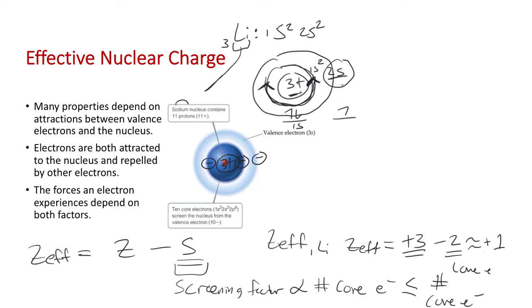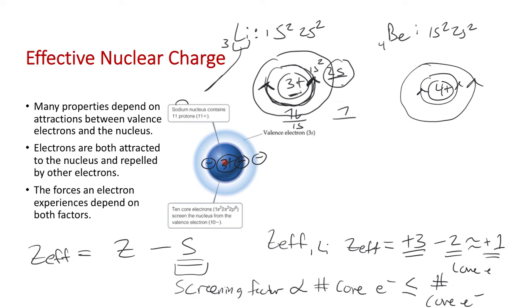Okay, and so let's think about how this charge compares to beryllium, being the fourth element, so being a 1s2, 2s2, of course. And so we have a 4 plus nuclear charge. Now I've drawn these kind of similarly sized, but if we start to think about what charge makes it out to these negative electrons here, it's probably going to be a little higher.